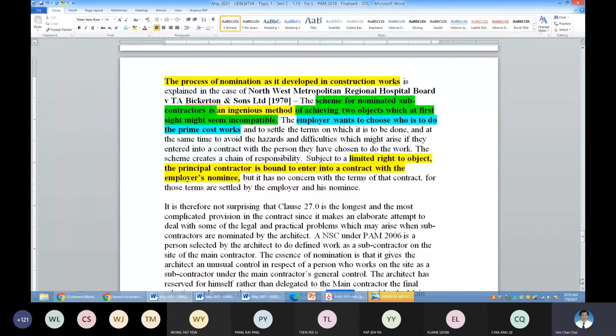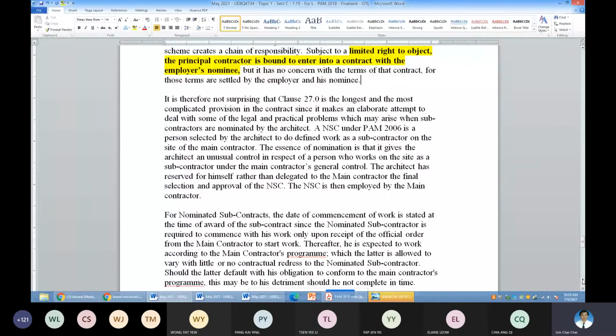It is a very sad situation. Okay, in UK, already they are cutting off all the NSCs from their contract documents because they know it is a very unfair contract arrangement. Are you clear now? So please be careful. This is what you need to take back on the implication of the NSCs on the Malaysian contract system.